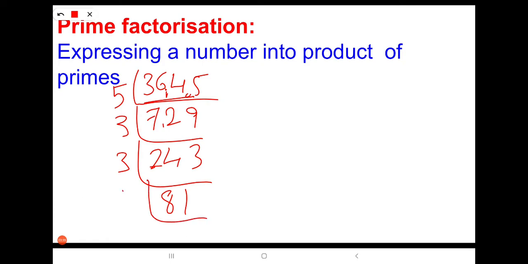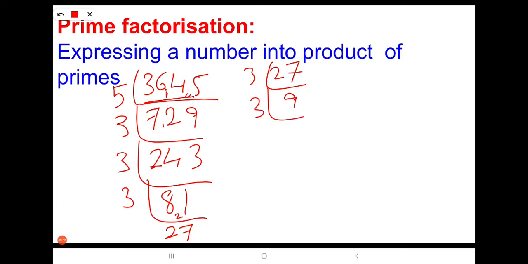So next, 3 twos are 6, 2 is remaining, 3 sevens are 21. Lack of space, so I am taking it here. Again the 3 table, 3 nines are 27.